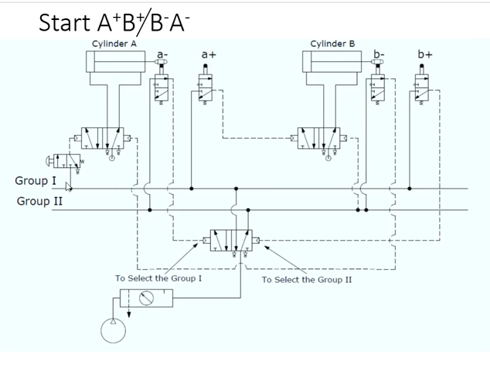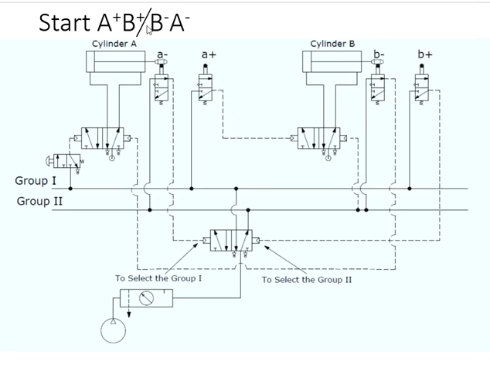To start with, whenever you press this push button, which is also a 3/2 push button DCV, the signal is given to A plus. When this left side is actuated, from the compressor the air goes to the flank end of cylinder A so that extension happens. So the signal from here is given to B plus.